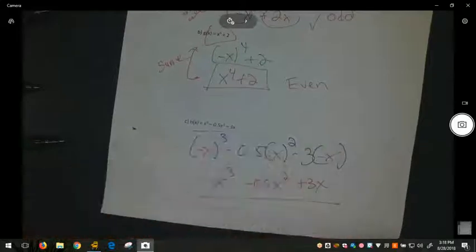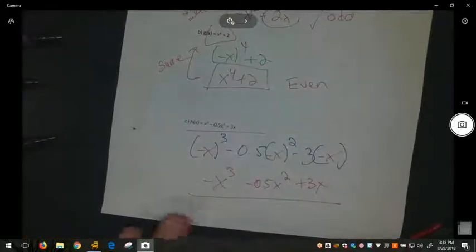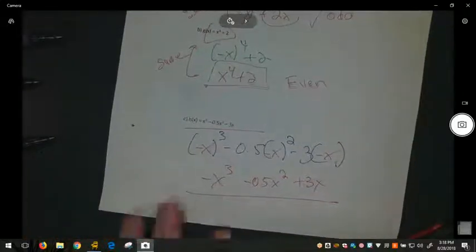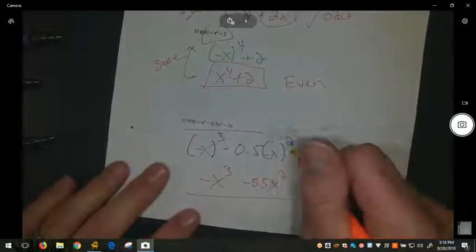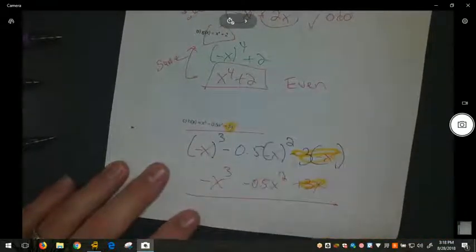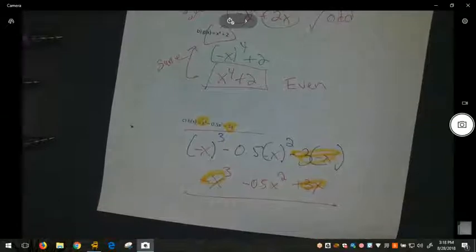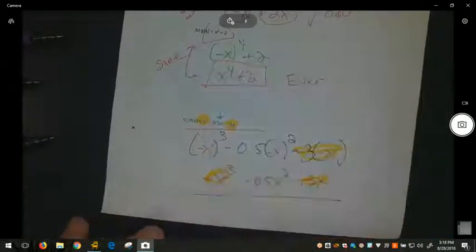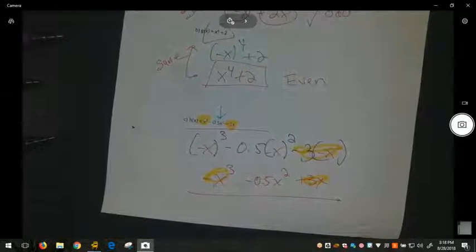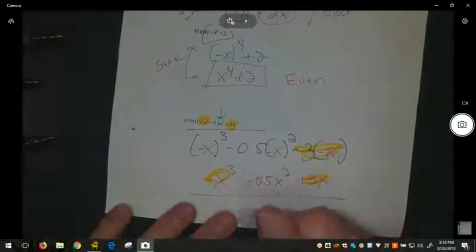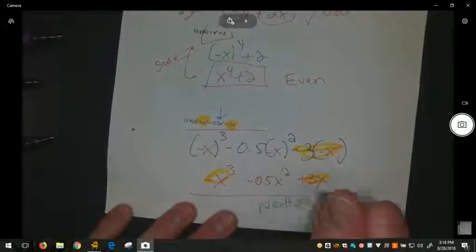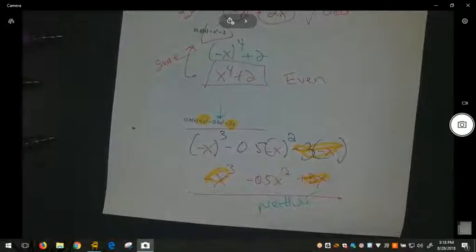In this equation and this equation, the only ones that have changed signs are the last term and the first term. The middle term does not change signs. So we cannot say that all the signs on all the terms are opposite. Therefore, this is neither.